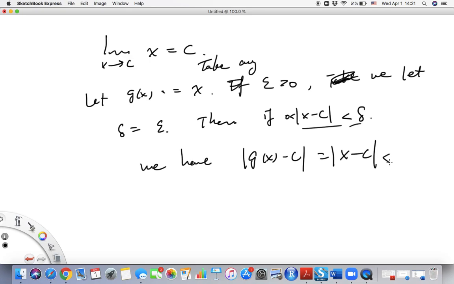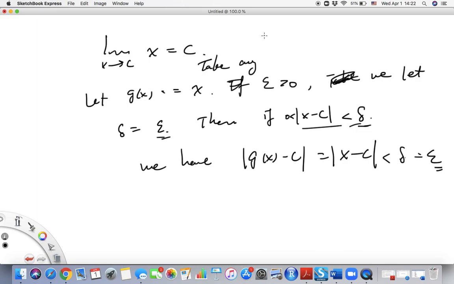X minus c is less than delta, and delta is equal to epsilon. Okay? So for every epsilon such a delta exists, we conclude by definition that the limit as x goes to c of x is equal to c.